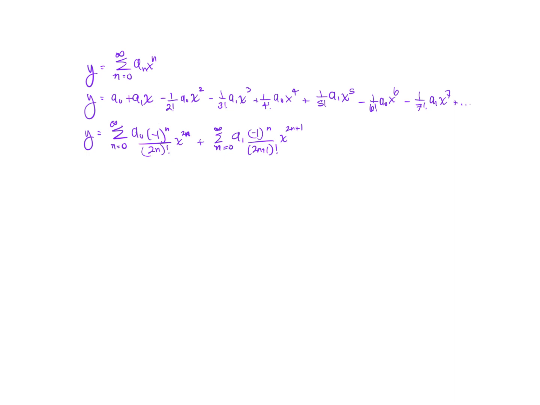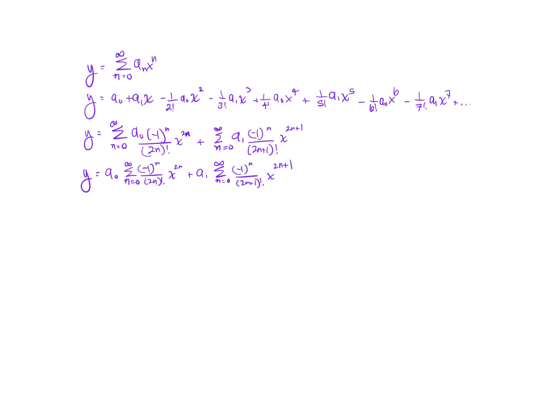So if we were to factor out, not really factor out, but move our constant to the front, as we can do with series, it's one of our properties of series, we can then say this is a naught times the sum from n equals 0 to infinity of -1 to the n over 2n factorial x to the 2n plus a sub 1 sum from n equals 0 to infinity of -1 to the n over 2n plus 1 factorial x to the 2n plus 1.